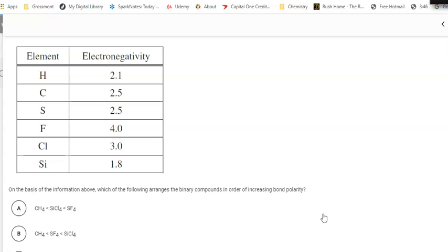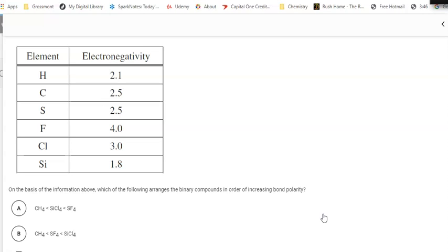That's the only thing that nonpolar molecules have. So SiCl4 has stronger intermolecular forces, but that's not really the question.